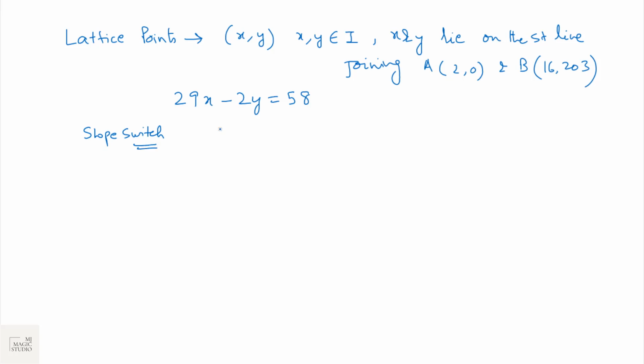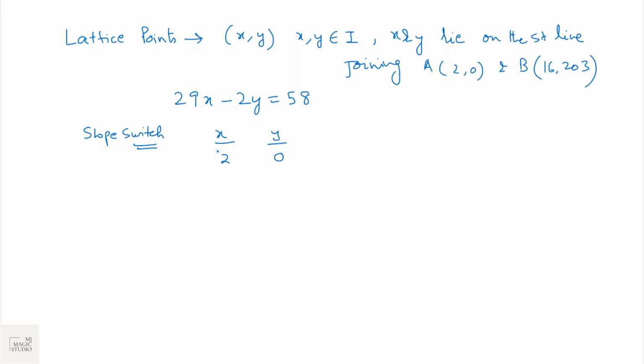Now how do we use this? We have x, y, and the first solution, that is (2, 0). If we put x equals 2, it is 58, y equals 0. Now, what do we need to do? The coefficient of y is 2, but this is minus.